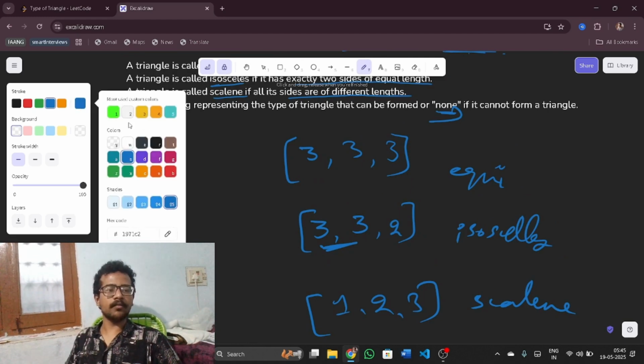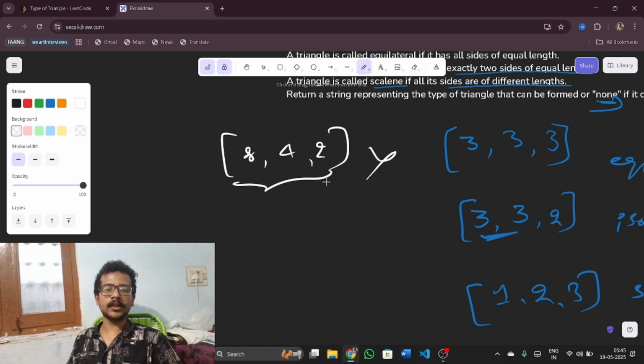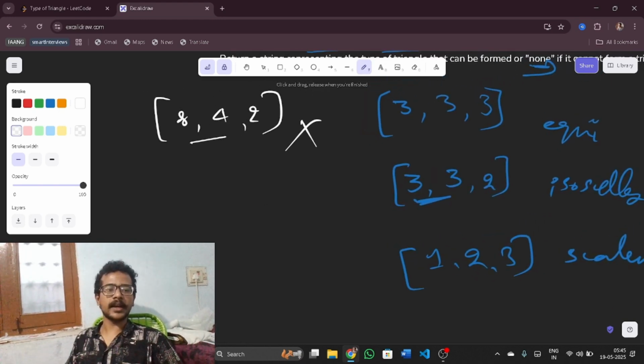Now let us see when I need to return none. Here I have 8, 4 and 2. The three elements are not equal, so it is not an equilateral triangle. No two sides are equal: these two are not equal, these two are not equal, and these two are also not equal.